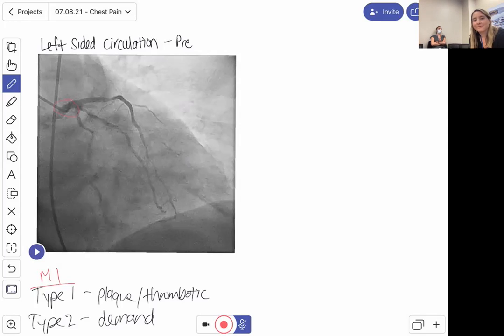And so in this particular view, I'm not going to go over different RAO views and all that. So we can do that during the rotations with us. But the artery that's coming straight down, so this guy here, is your left circumflex. And then this guy that's kind of wrapping around the front side of the heart in the interventricular septum is called the LAD. Okay.